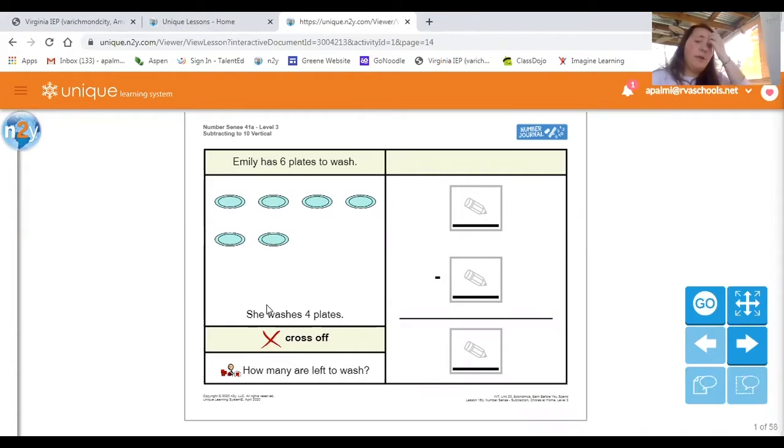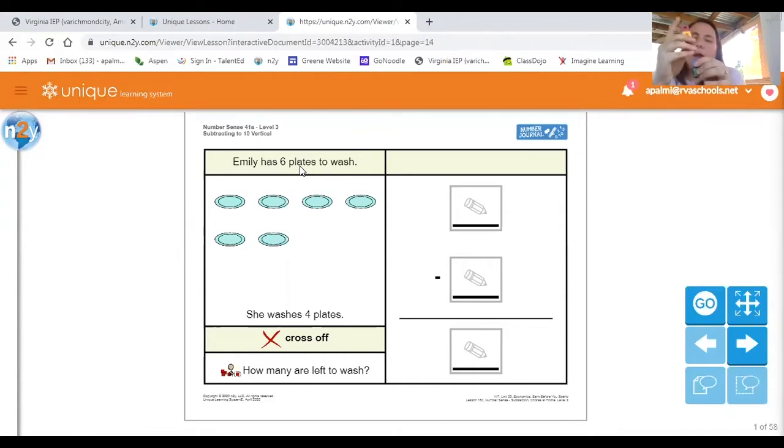It says Emily has 6 plates, all right? So I need to count to my big number of 6. I want to hear you guys helping me count. 1, 2, 3, 4, 5, and 6.